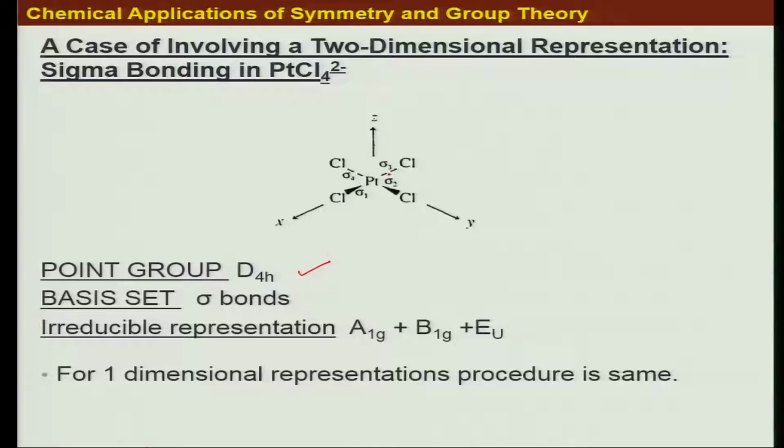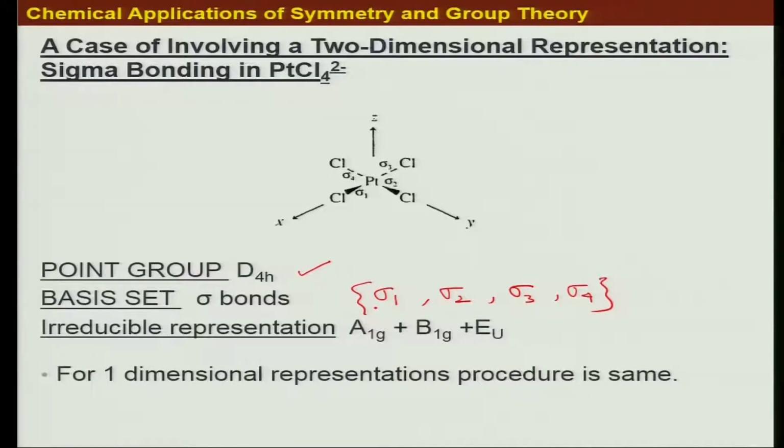Here also we will consider the 4 sigma bonds, taken to be sigma 1, sigma 2, sigma 3 and sigma 4, and we will use these as my basis functions. So my sigma 1, sigma 2, sigma 3 and sigma 4 will constitute my basis set. Alright, so that was my step 2, and it is still not complete.